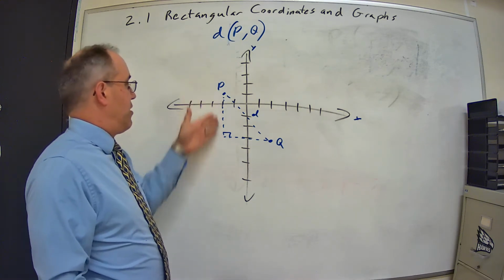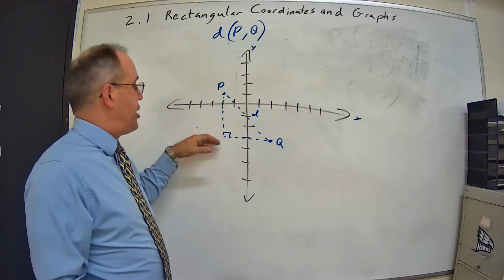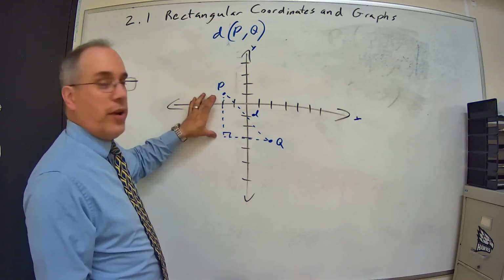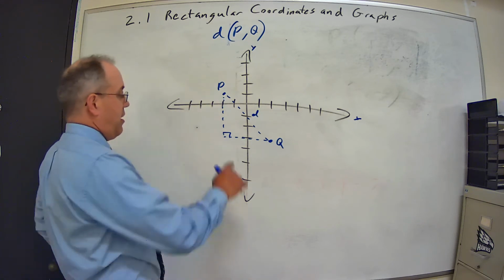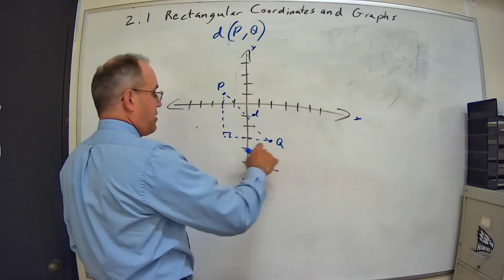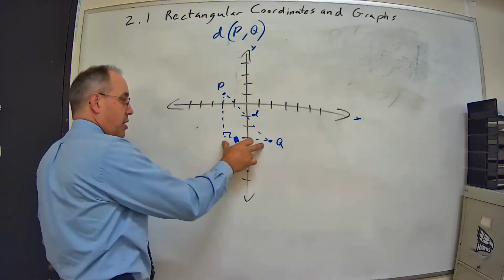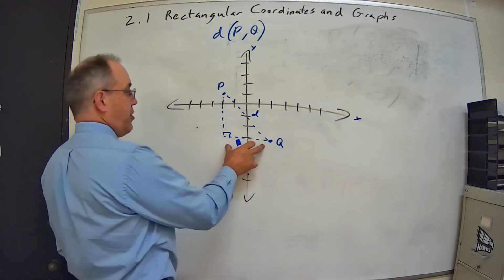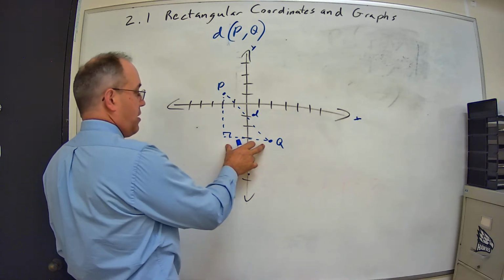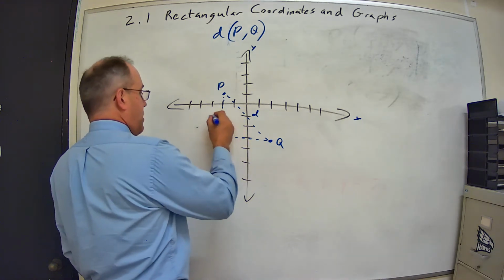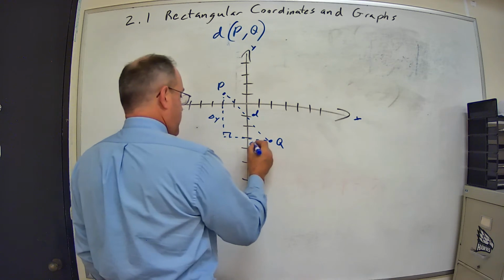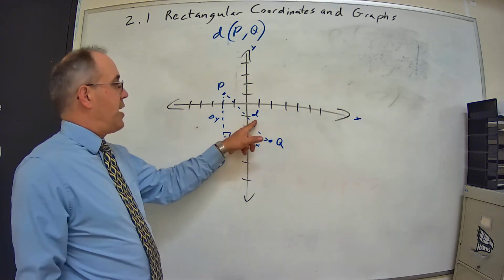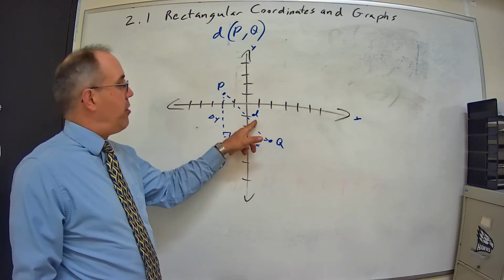Where the vertical line is the change in y values from the 2 points, and the horizontal line is the difference in change of the x values of the 2 points. So that's delta y, that's delta x, remember delta means change, and then we've got this distance here.